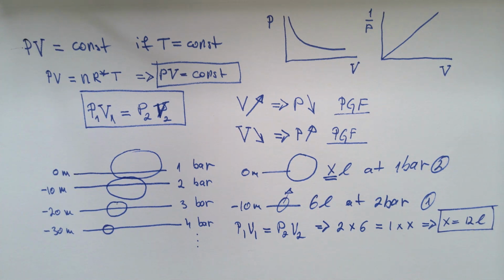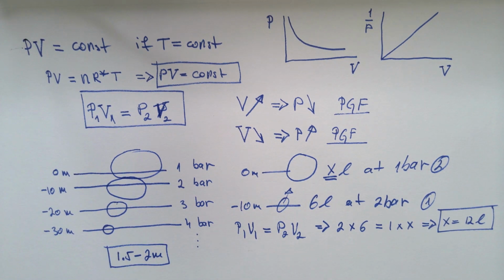What will happen to you is pulmonary barotrauma. That means basically your lungs will explode and you will die. This is very serious business actually, and pulmonary barotrauma can happen already at a depth difference of 1.5 to 2 meters.